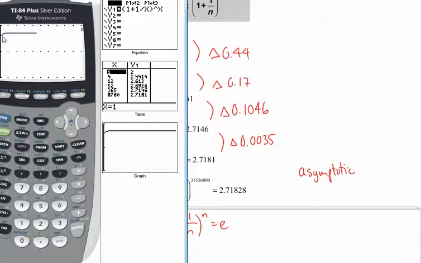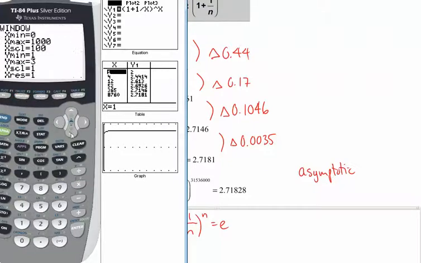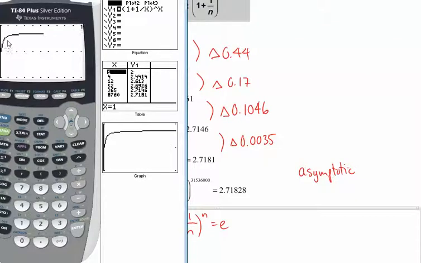Now, there you see there's a bit of curvature there, but quite quickly it's heading up to some value. I'm going to back this off even a little bit further, and let's just go to 100, and let's scale by 10 horizontally. Now we see a little bit more of the curvature happening. I guess I should have started there. Now, for comparison, I'm going to make y2 equal to e.